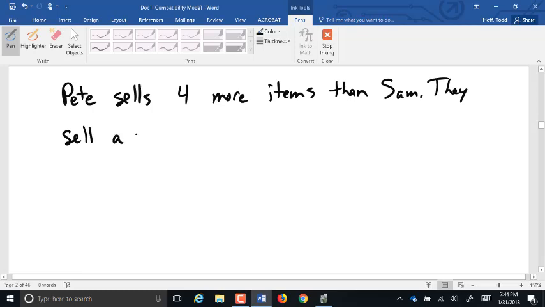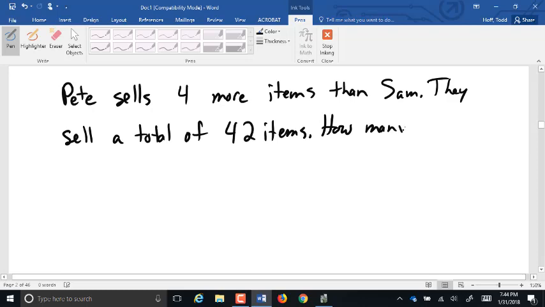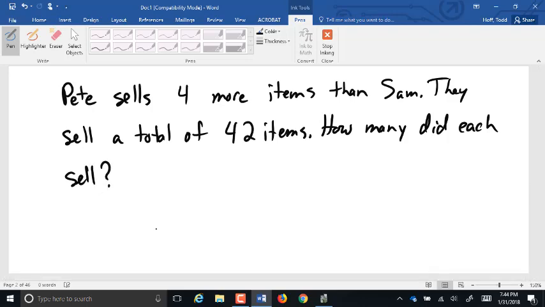They sell a total of 42 items. How many did each sell? Now I'm going to pause for a second before I start solving this so that you guys can get it written down.